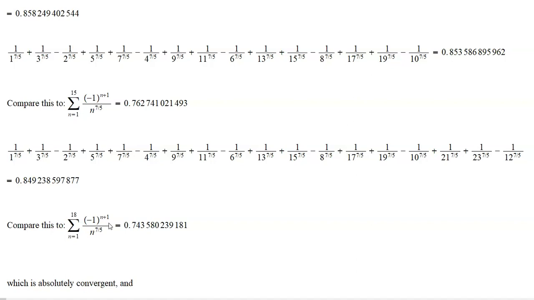It's the exact opposite of what happens to a conditionally convergent series, where you can pick your favorite real number. It could be positive, it could be negative. And you can make a rearrangement of that conditionally convergent series whose exact sum will be that favorite number of yours.